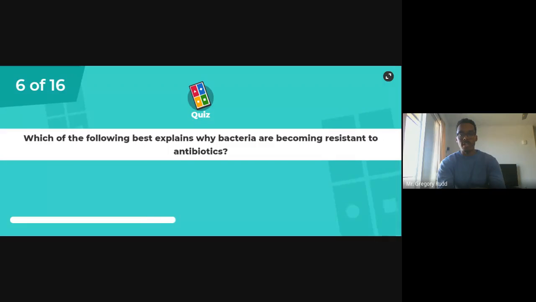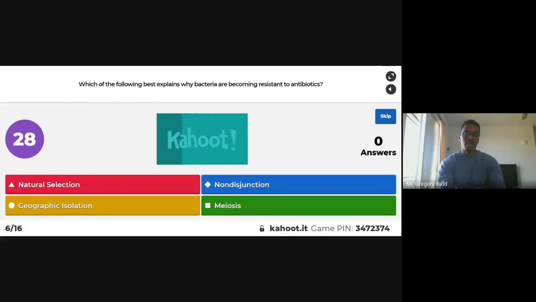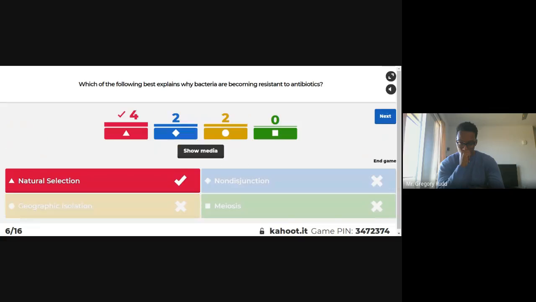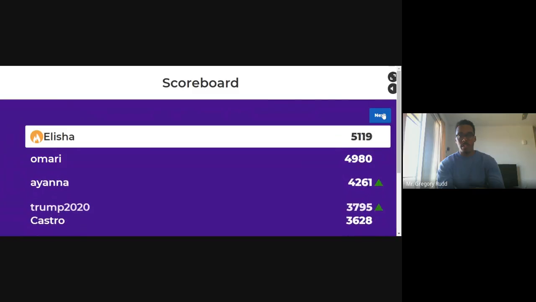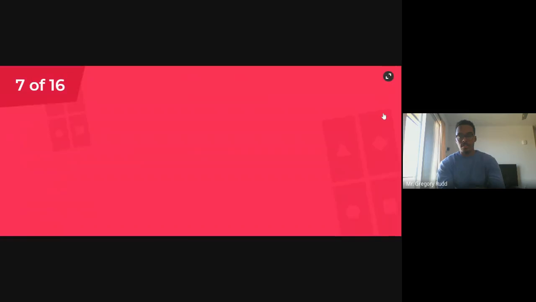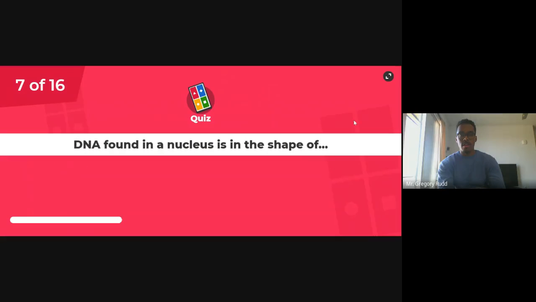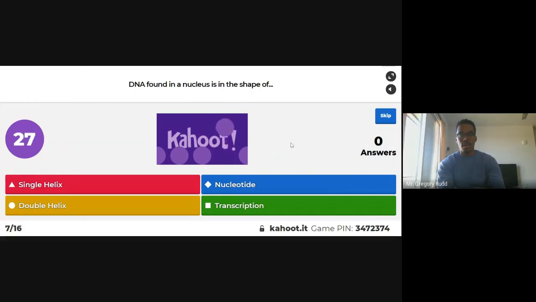Which of the following best explains why bacteria are becoming resistant to antibiotics? Natural selection. Yeah. The other ones were just kind of distractors. Trump 2020, I'm sorry to disappoint. DNA found in the nucleus is in the shape of what?